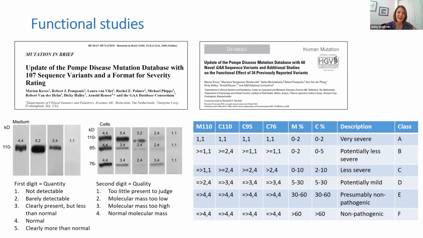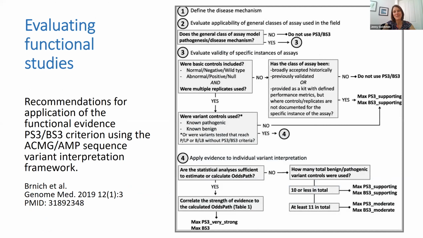And I will note that all of these were analyzed because they were rare variants of uncertain significance. So that becomes important later on when we look at the Burnich paper, because I'm sure many of you have looked at this paper and thought about this regarding functional studies. But if we think about this for GAA, typically when you look at papers that are reporting these types of results, they will include a wild type control and also something like empty vector or antisense or something like that.